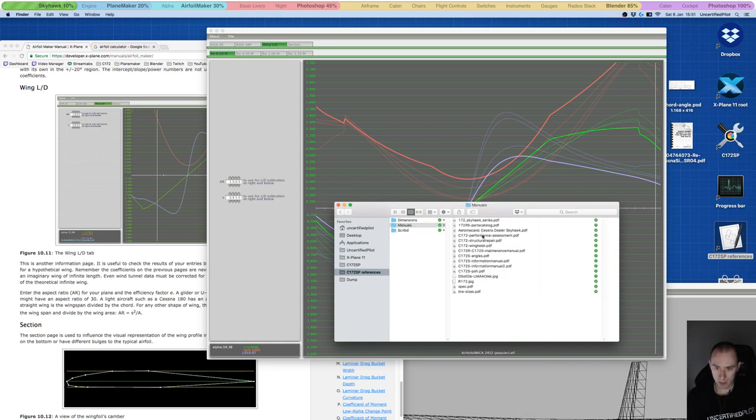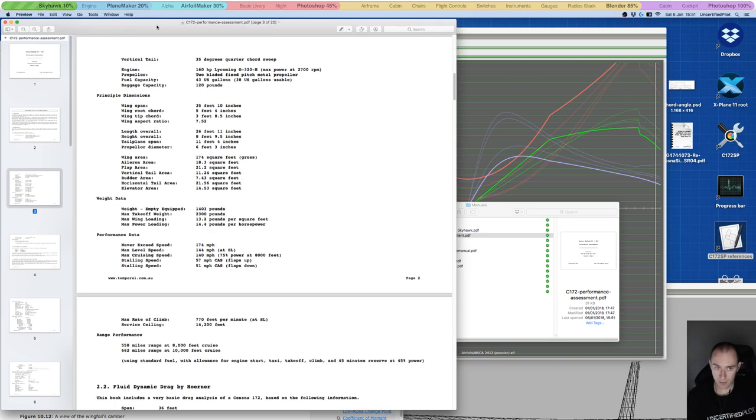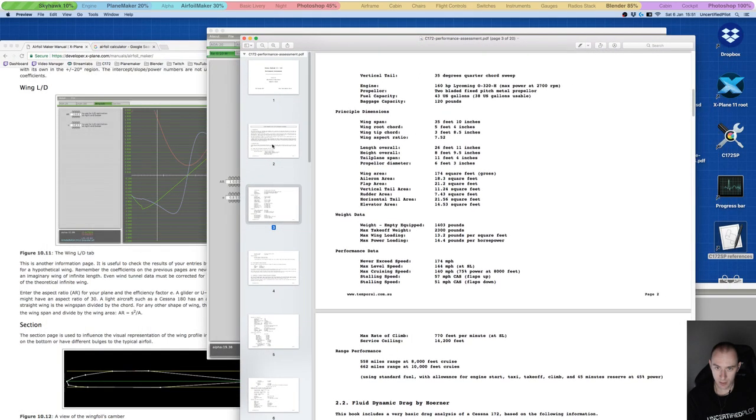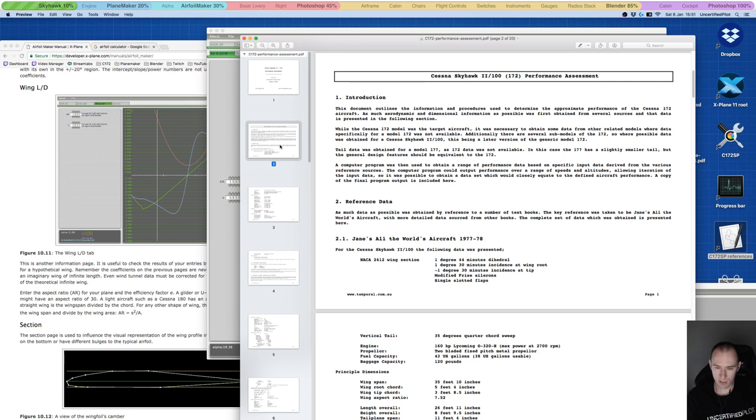And with performance assessment, but I'm not sure whether this is a 172S. It's just a Skyhawk 2/100, and I don't know what that means. Also, this is from Jane's All the World's Aircraft book from 1977.